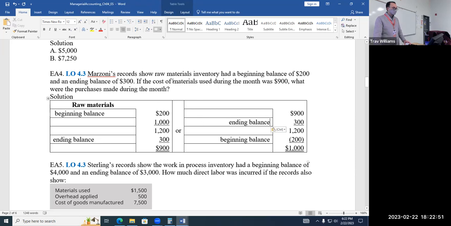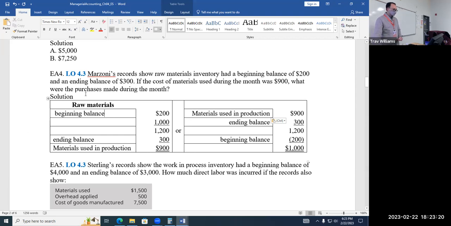The cost of materials used during the month was 900. We're going to call that materials used in production, if memory serves me correctly. Okay. And then we'll have to figure out what the other parts are.